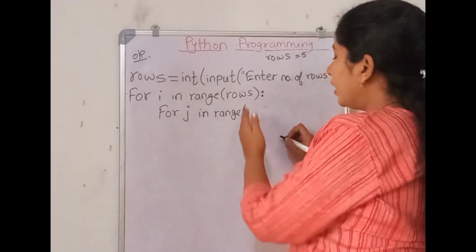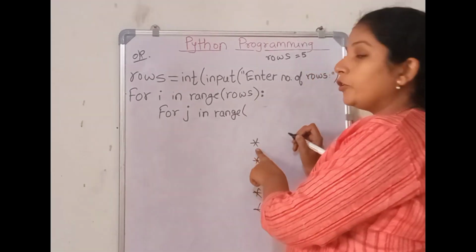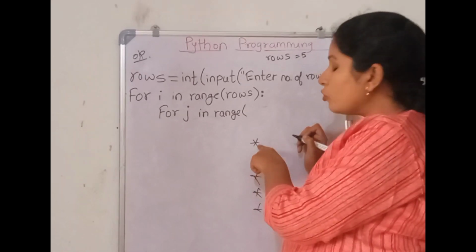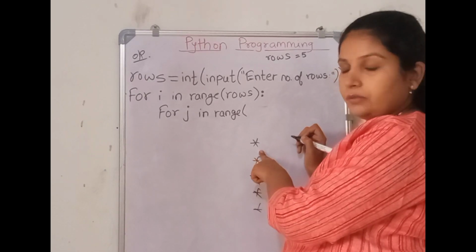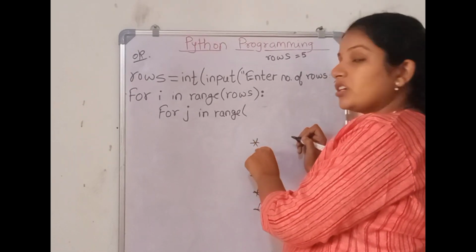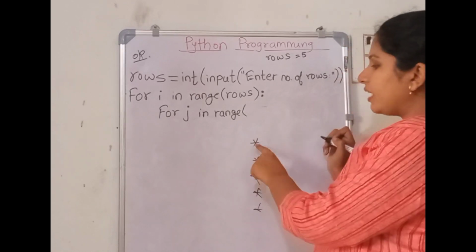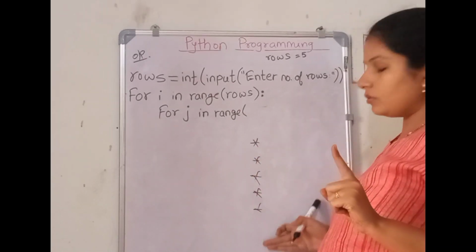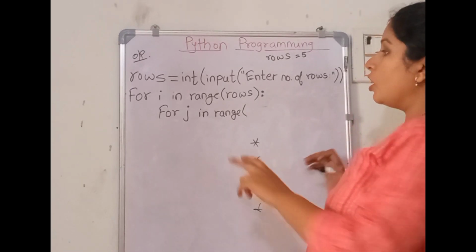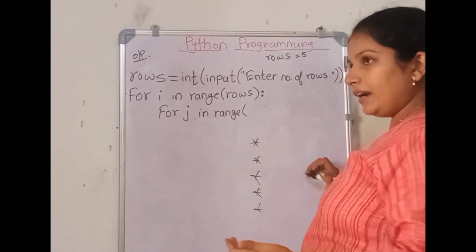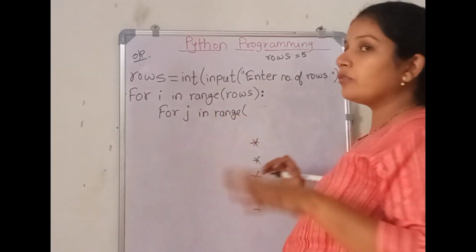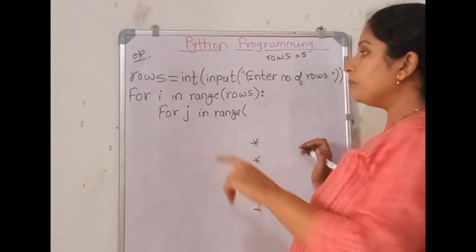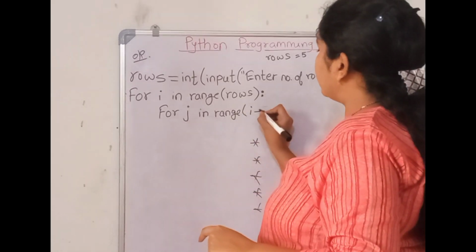Okay. So here if you consider the first column and if you are printing the first asterisk, then you need to decide how many asterisks should be printed here. So here your asterisk will be 1. Only one asterisk you are printing in one row, in the first column. So here you are putting the end limit as not 1 but whichever value your i has at that moment, that is i plus 1.